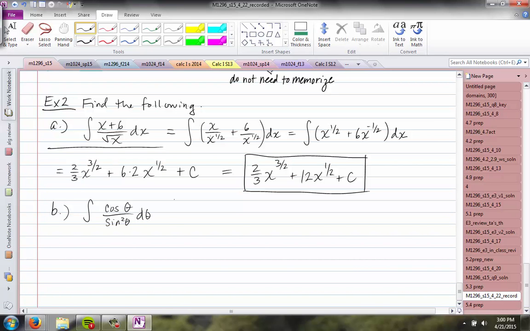Just like in this part A, maybe I can simplify that in a way that I can use some things in that table. Well, here notice whenever you have combos of sine and cosine, maybe you can do a little magic here by just thinking of this in a little bit different way.